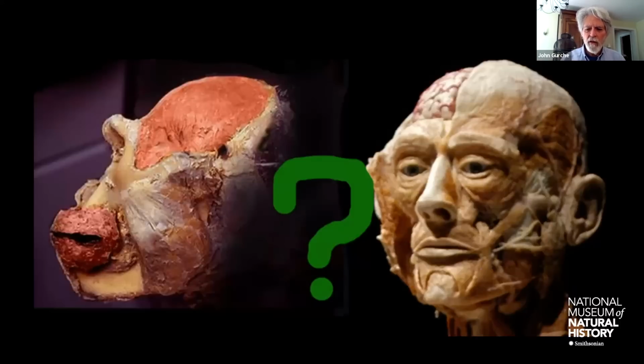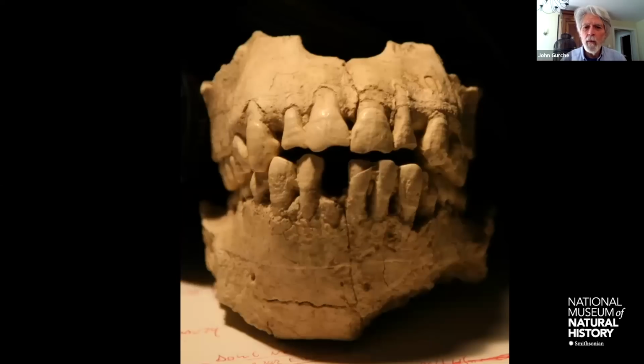Some of the specimens of Australopithecus afarensis have similar wear on their teeth to the gorillas that do this kind of stripping of leaves. So we don't know exactly what they were doing, but they were obviously using their front teeth in the preparation of food.